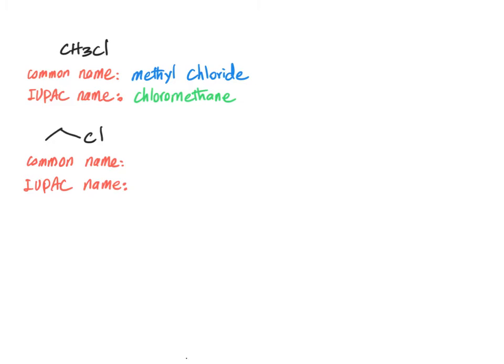For this compound, the common name is ethyl chloride, and the IUPAC name is chloroethane.